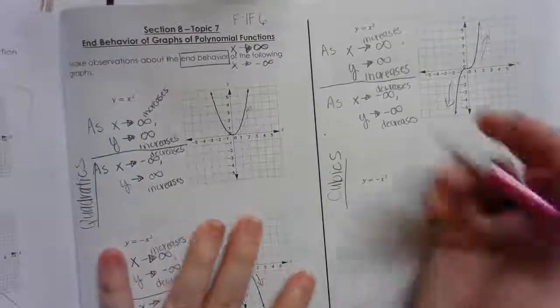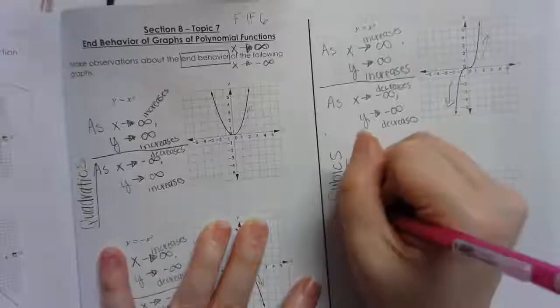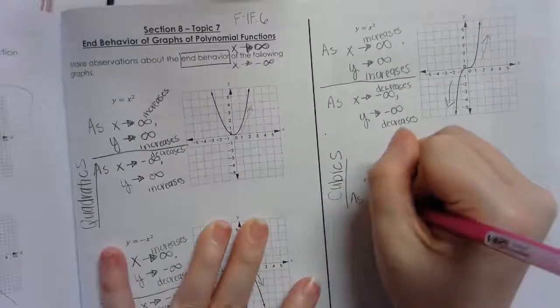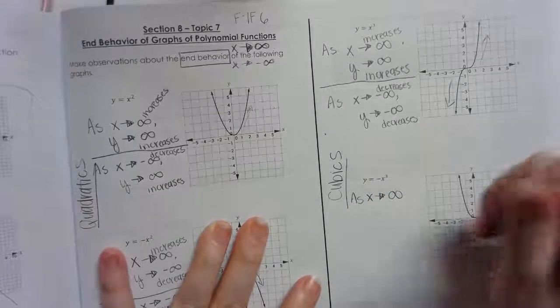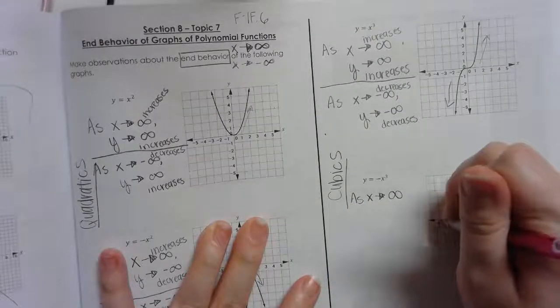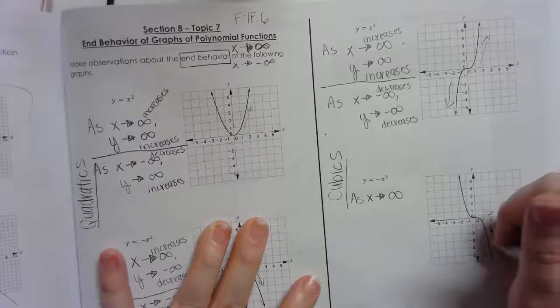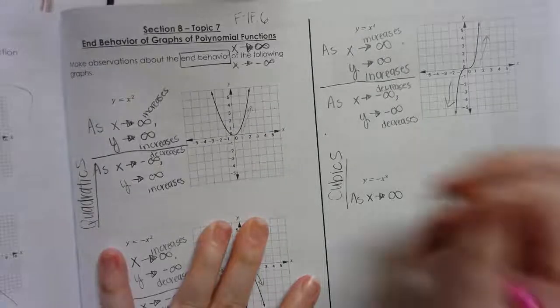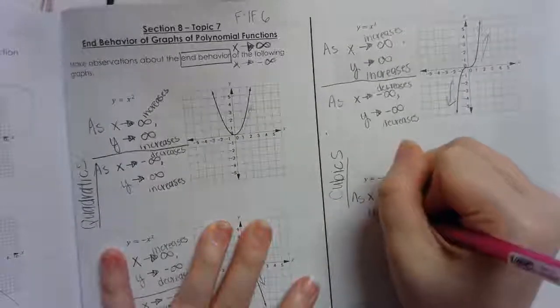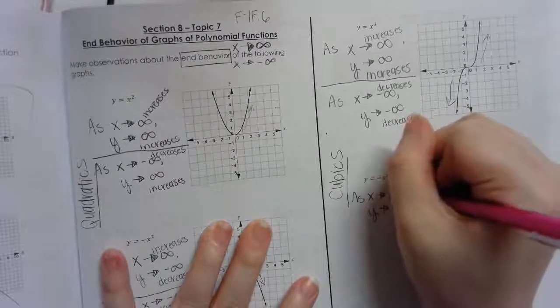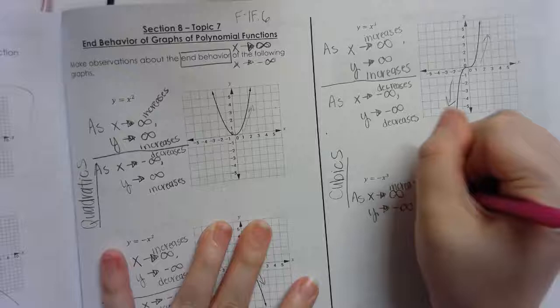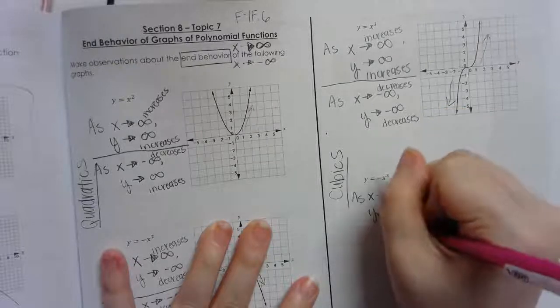So over here, as x approaches infinity, as x goes up from left to right, y goes down. So y approaches negative infinity. So as x increases, y decreases.